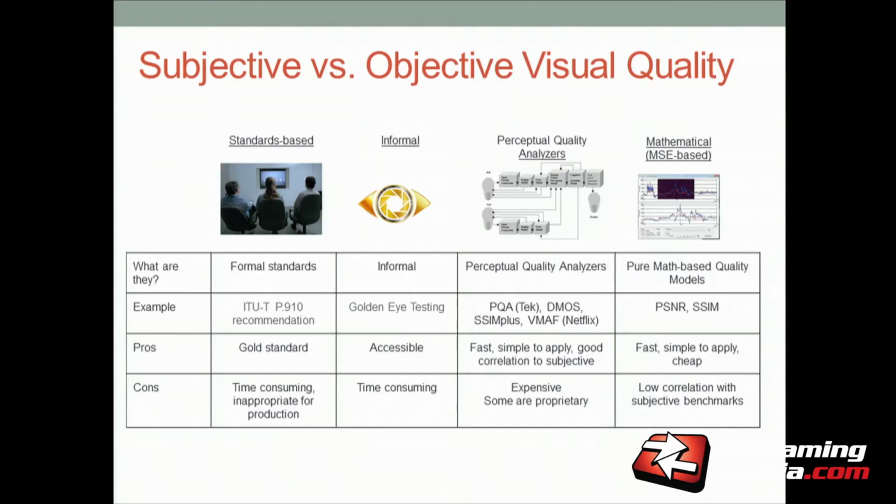It's a measure of how people perceive that error. And again, we'll see more about that in a second. And then the last category, or I guess in this category, are tools or metrics like PQA, which we'll see, DMOS, or difference mean opinion score, which we'll see, SSIMplus, which we'll see. And then Netflix released a tool, I guess in the June timeframe, called VMAF that is in this class.